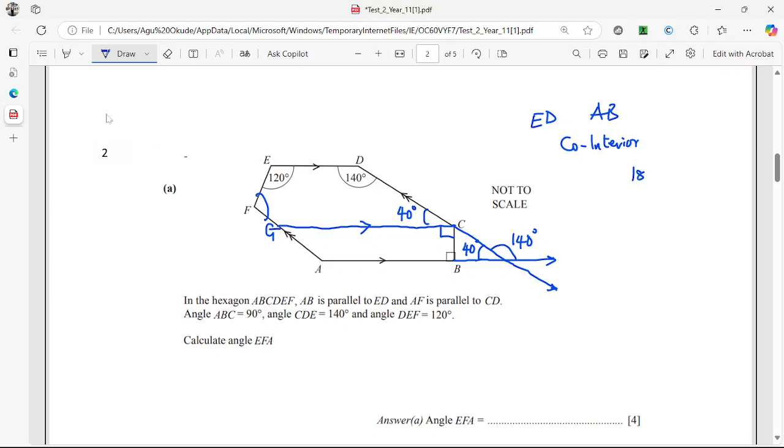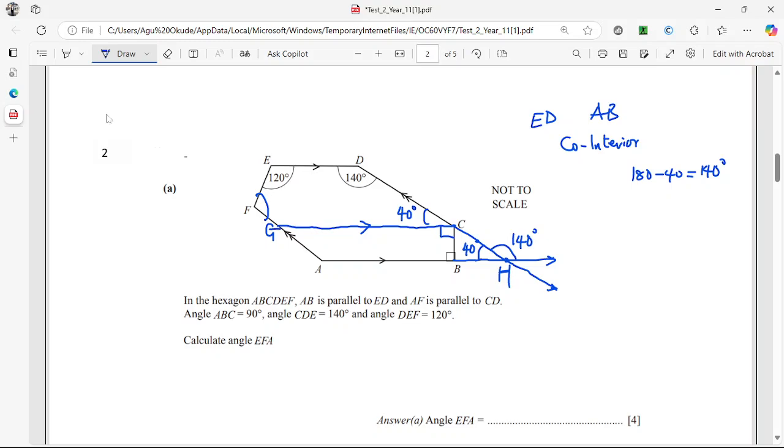So I did 180 minus 40 to get this angle here, 140 degrees. Angle in a straight line. Now please pay attention. Let's call this place point H. Point H here, right?